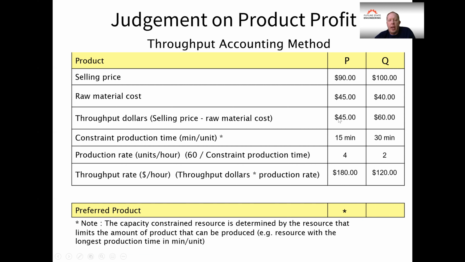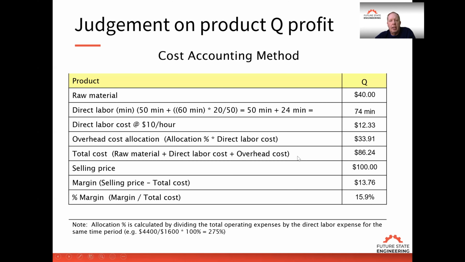So now if I take the value added, the $45 times the 4 per hour, I get $180 per hour versus $120 for Q. So that explains why we can change the mix and focus on product P and get much better profitability. So if we look at it from a throughput perspective, product P is actually the preferred product.